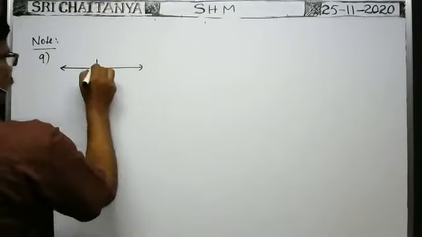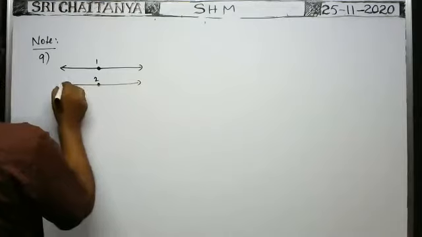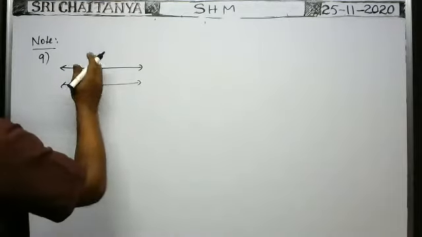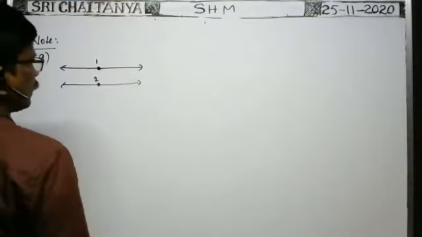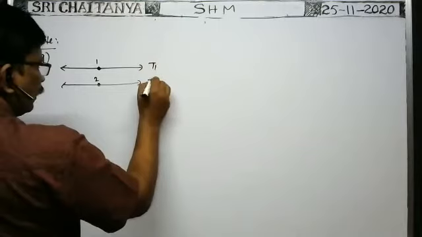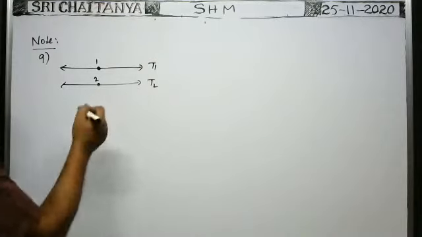Okay, this is the first particle, this is the second particle. This also oscillates with the same amplitude, but both are having different frequencies or different time periods, T1 and T2. This particle is having time period T1, this particle is having time period T2.